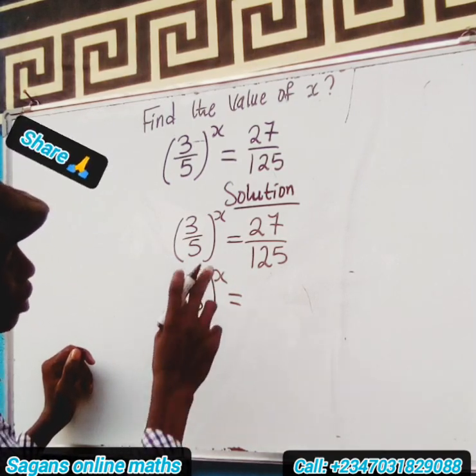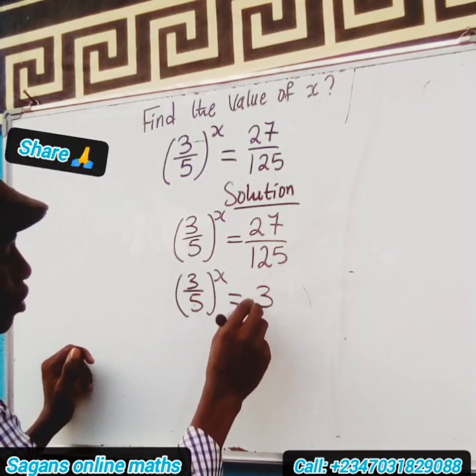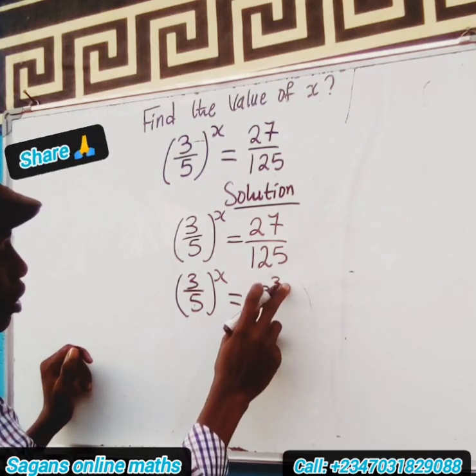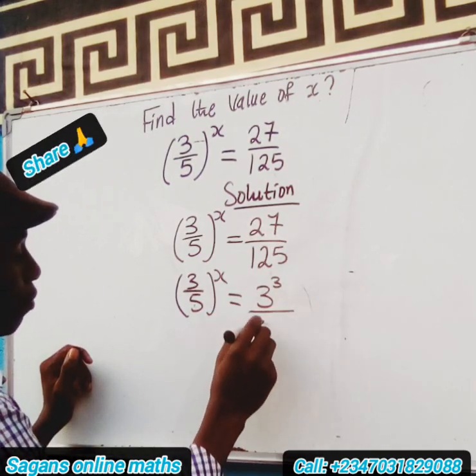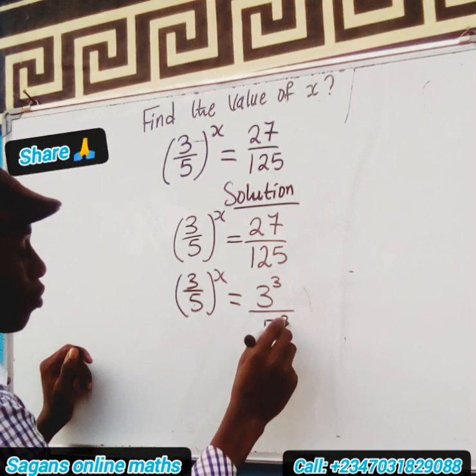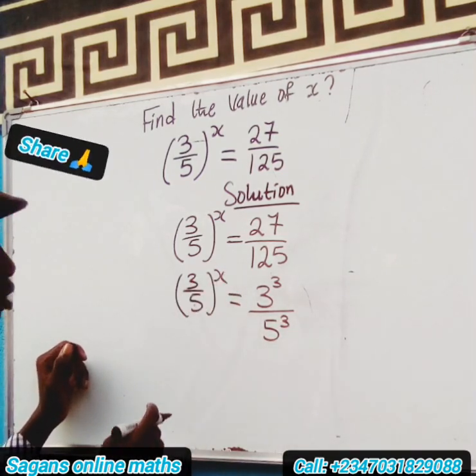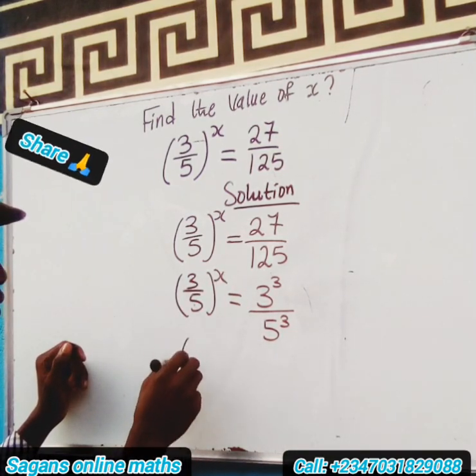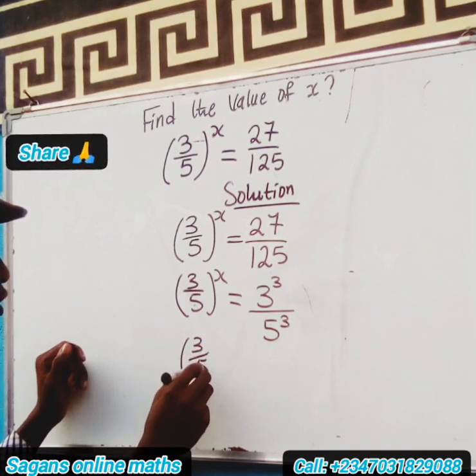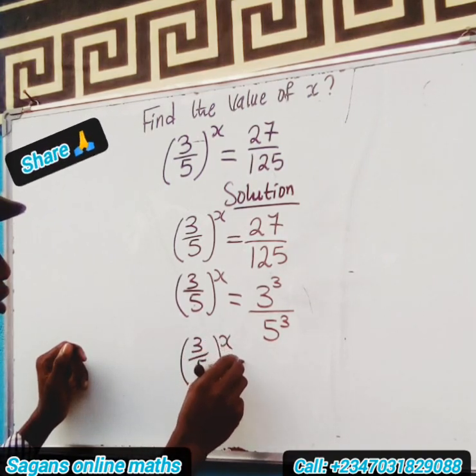Now I will write 27 as 3 raised to the power of 3, because 3 raised to the power of 3 is 27, divided by 5 raised to the power of 3, because 5 raised to the power of 3 is 125.